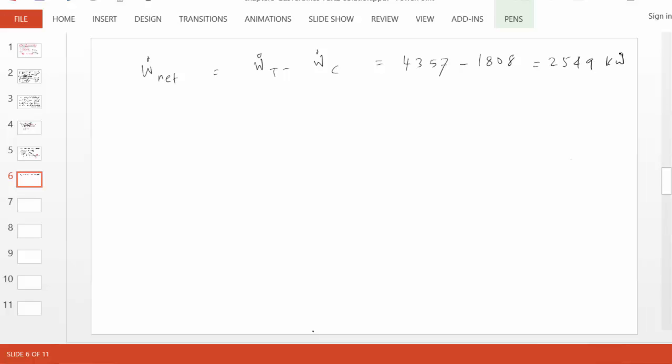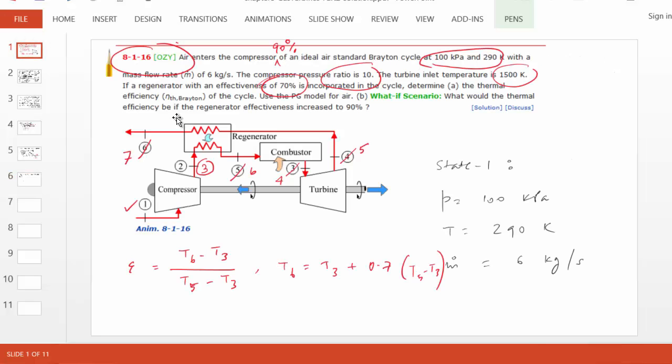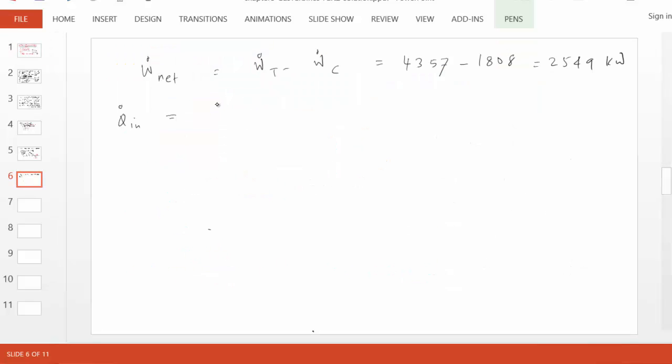So how do you calculate Q dot in? Because we need that to find the efficiency. Q dot in, you recall, if you go back to the diagram, where is the Q dot in taking place? In the combustion chamber between 6 and 4. So it's m dot (H4 minus H6), which is m dot times 6 times Cp times (T4 minus T6).